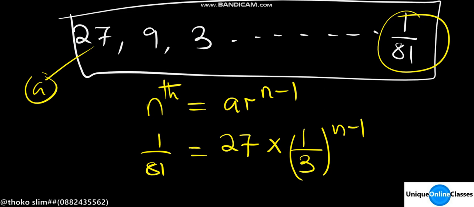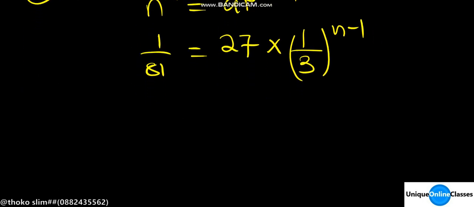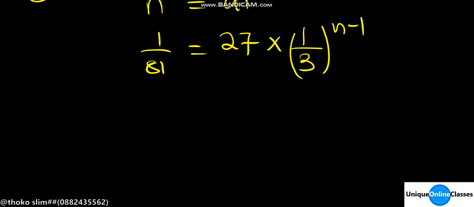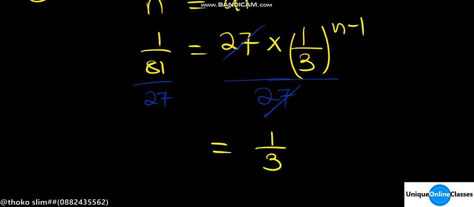n minus 1. So we should remove the one which is multiplying our ratio. We have 27 here and also 27 there, so we divide that side and we are left with 1/3 raised to the power n minus 1.